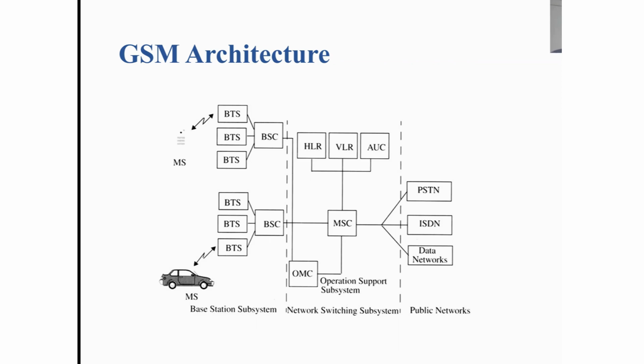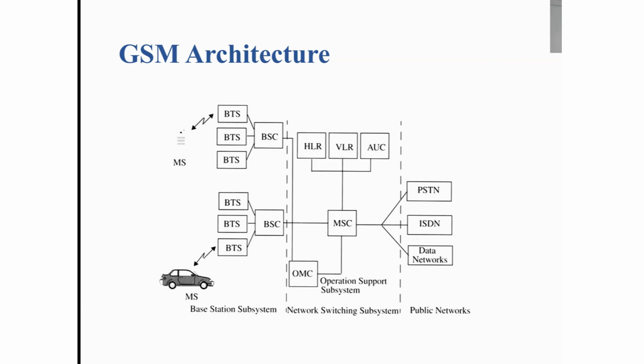I already explained handover in previous classes. Handover is nothing but when we are moving from one place to another, like one tower to another. We know the mobile station is mainly about mobility. Mobility means roaming.